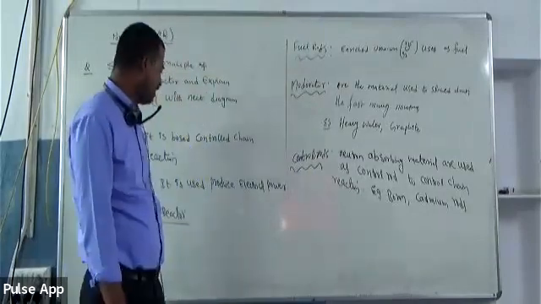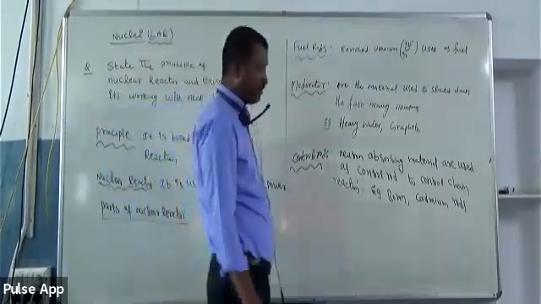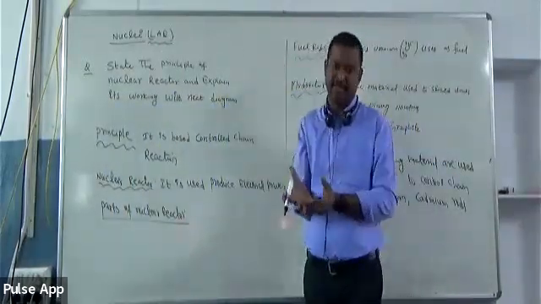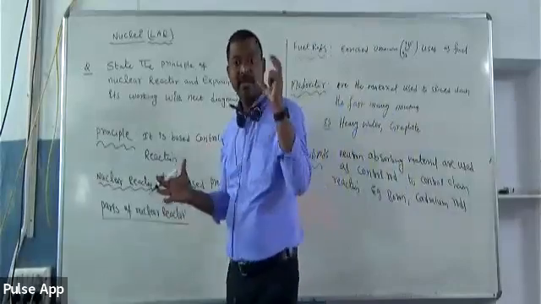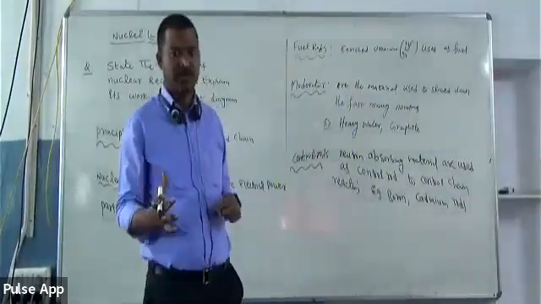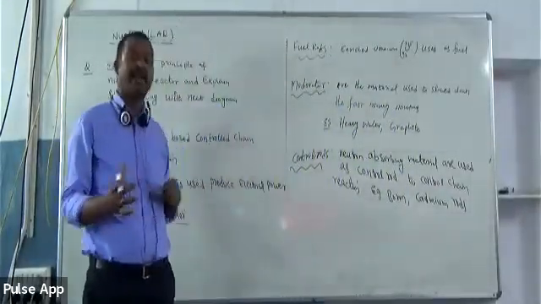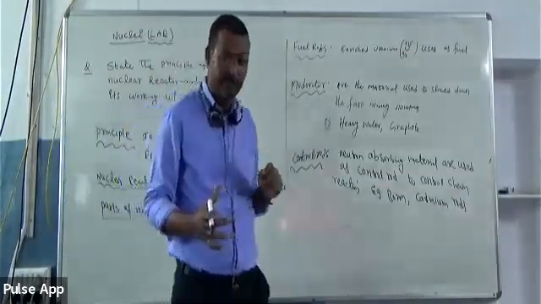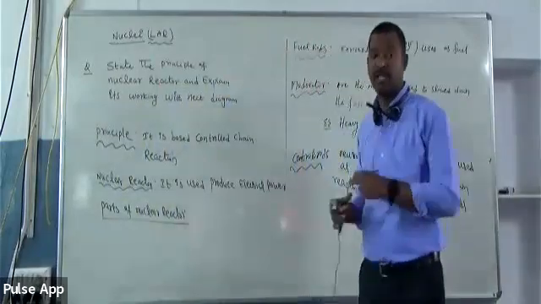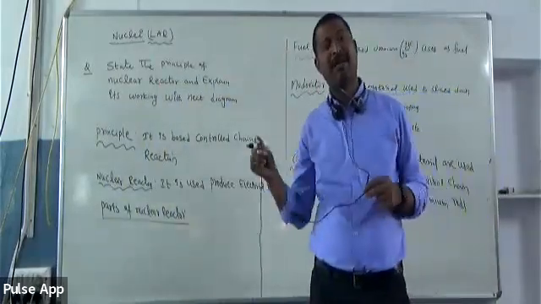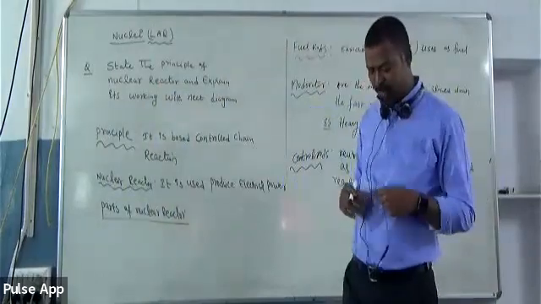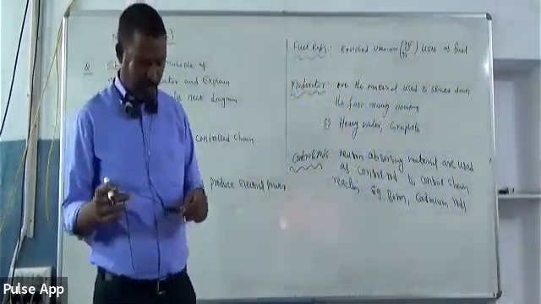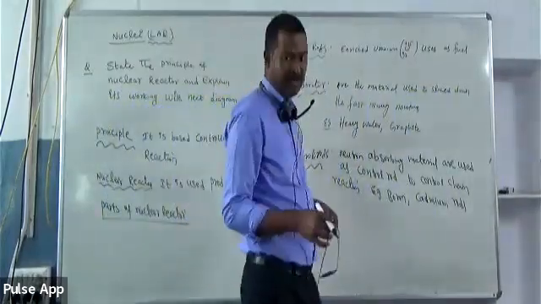So finally, a concrete wall will be made around the nuclear reactor. Why will a thick concrete wall be used? During nuclear reaction, dangerous rays that affect human health, that is electromagnetic radiation or gamma rays, will be produced. If these gamma rays fall on human beings, those who are working around the nuclear reactor, it will affect their health.